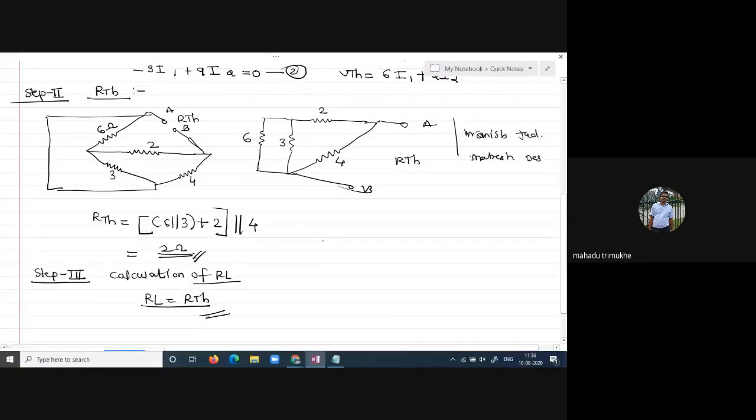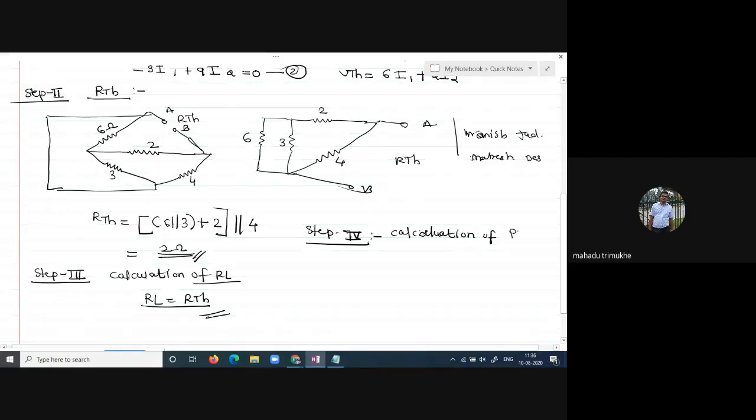So now step number four is what? Step number four, calculate your maximum power, that is calculation of Pmax.